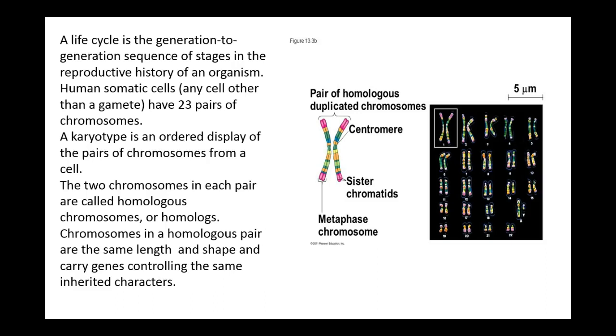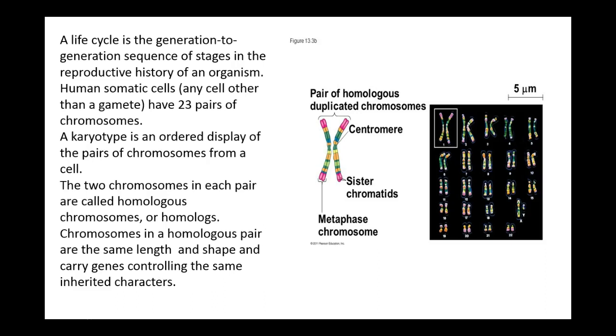With regard to human somatic cells, remember soma cells are your body cells, other than gametes. Gametes are just your sex cells. They have 23 pairs of chromosomes. One of the reasons why I keep saying that is because that can be confusing. It's 23 pairs, and you have the karyotype over here, on the far right.